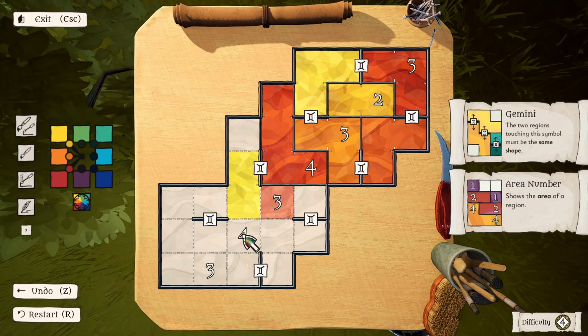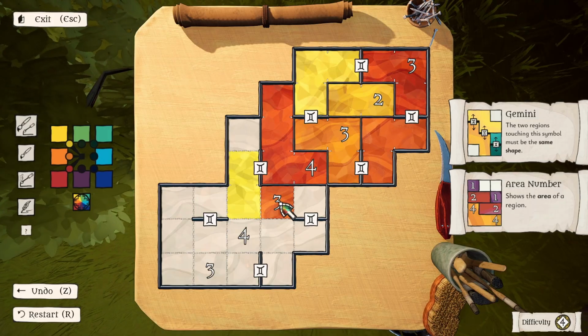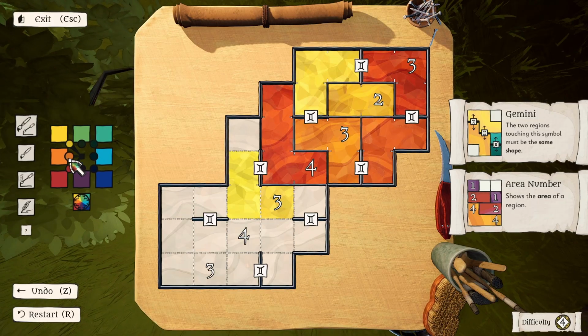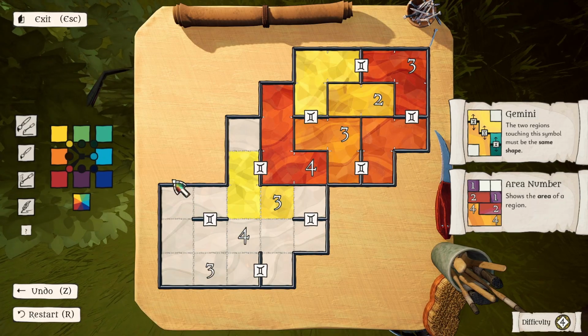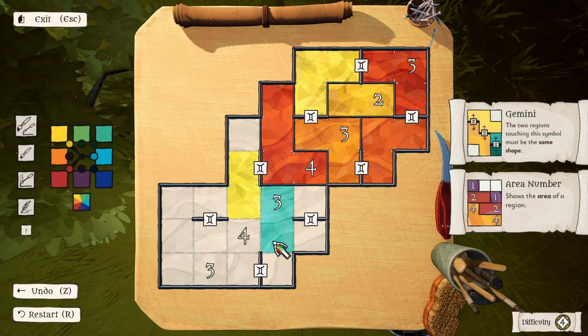It couldn't take this and that because this 3... Give me different colors, okay? There. This 3 has to do at least a 3 of things.